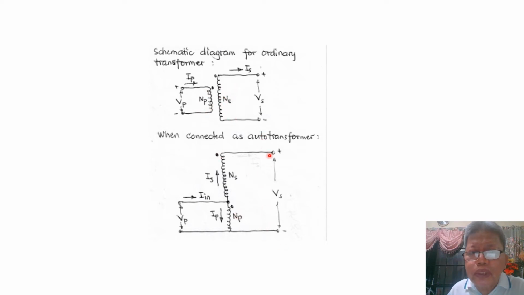So the total voltage V sub S would be the sum of the primary voltage here plus the voltage of the secondary winding. So we have the total, and the primary voltage remains the same as V sub P. In other words, the voltage of the secondary is increased by the amount of voltage impressed on the primary.